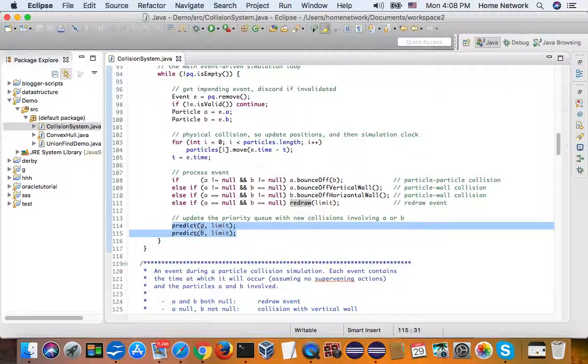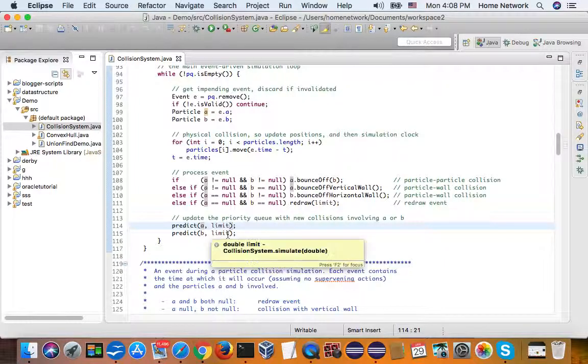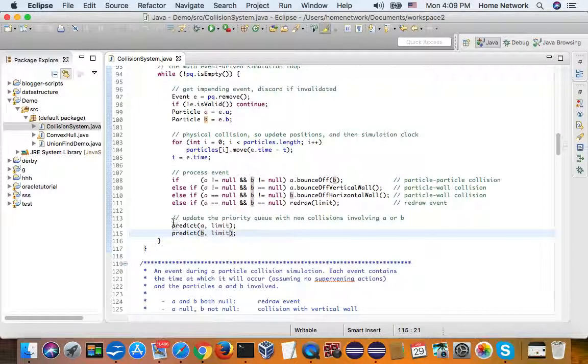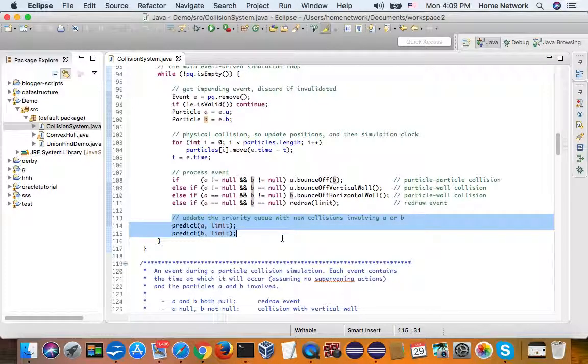So what we need to adjust is we should calculate the next collision of A and the rest of the world, put them into the priority queue, and see if they will change anything. The same as B. So the cycle is like this.